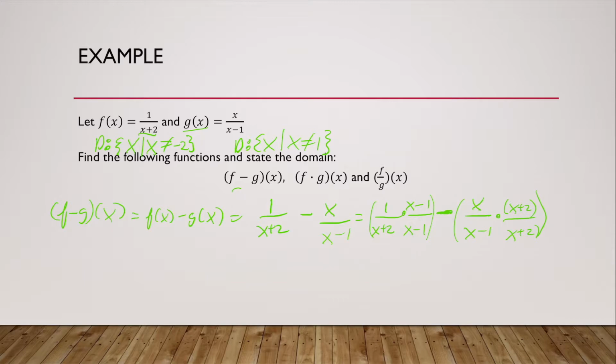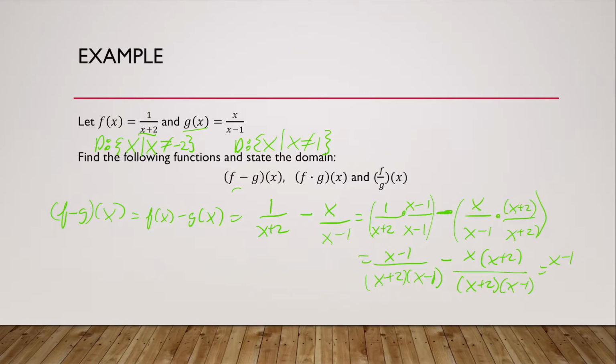I recommend don't multiply everything out, just keep it factored. So I've got x minus 1 over x plus 2 times x minus 1, minus x times x plus 2 over x plus 2 times x minus 1.